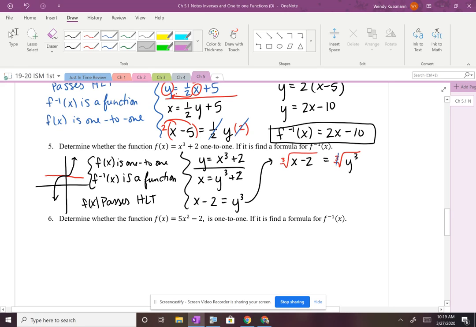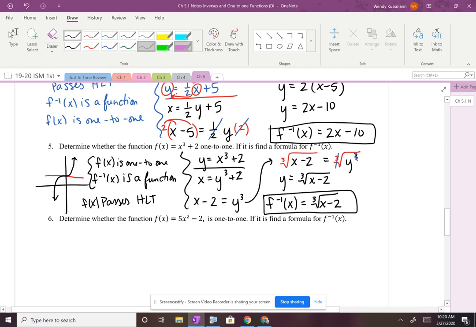Remember that the cube root and the cube cancel out, leaving you with y equals the cube root of x minus 2. That's our inverse. Now we just need to denote it as an inverse using our function notation. F inverse of x equals the cube root of x minus 2. There is the equation for our new inverse.